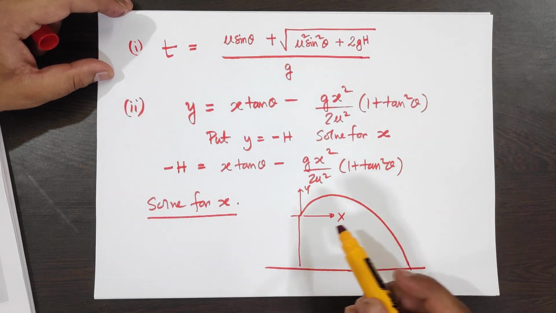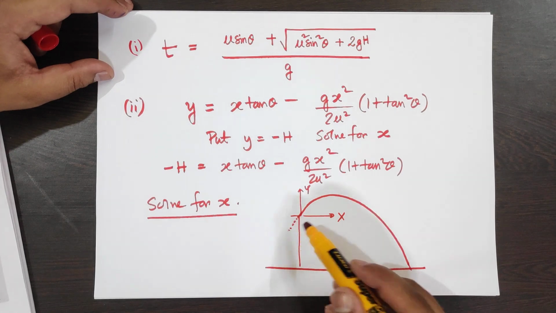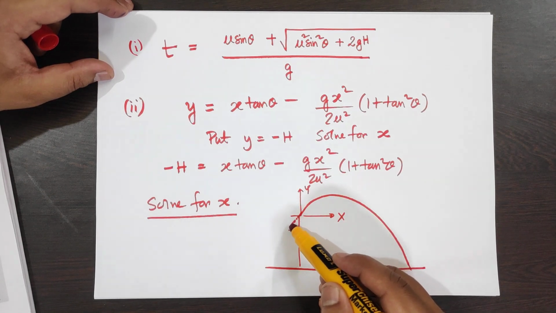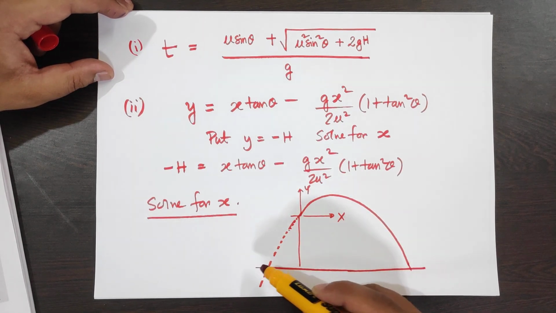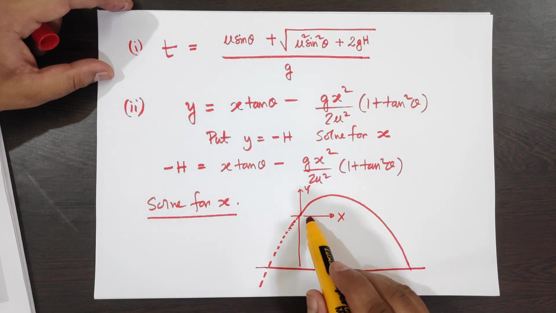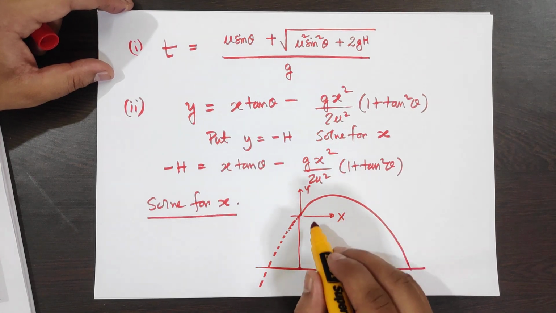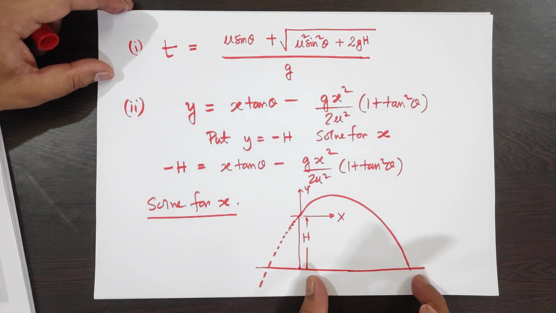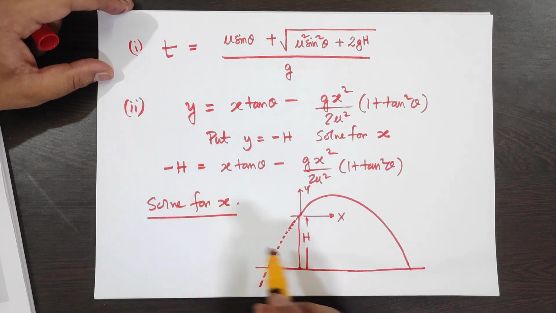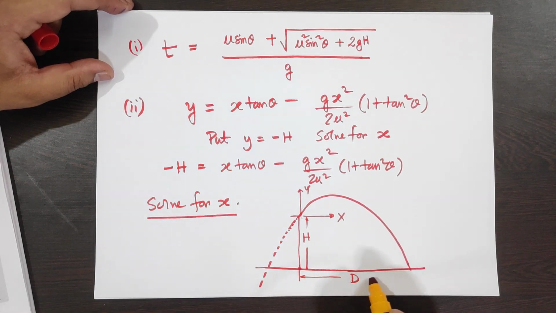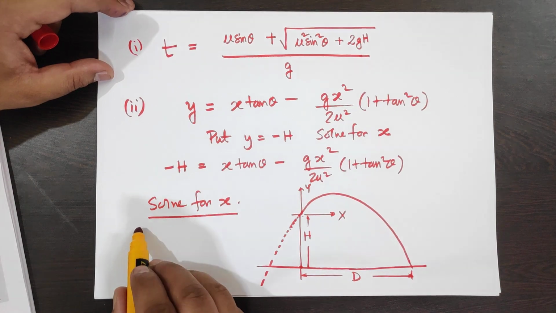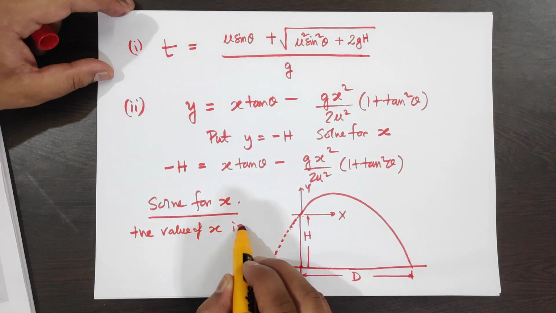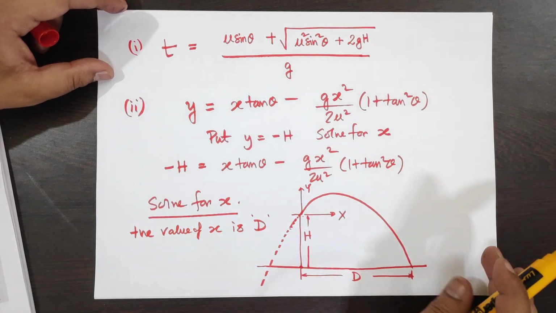The equation of this parabola is throughout, right? The equation doesn't know that it follows only this one part of the curve. So if you substitute y as minus h, you have two values of x coordinate. So the positive root is d, the positive value of x is the solution to this problem.